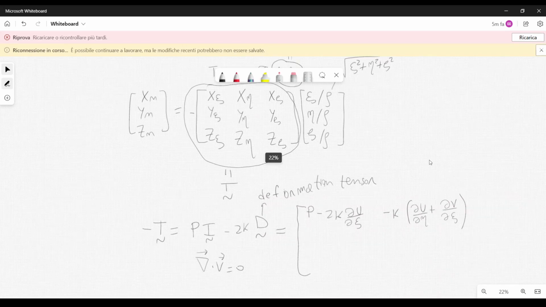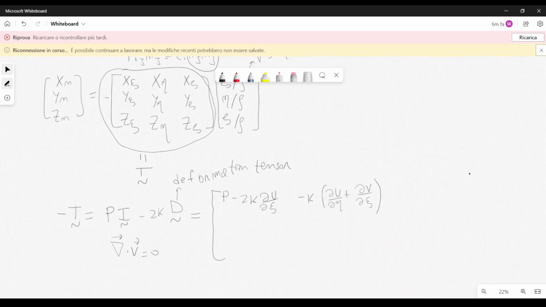Then the entry on the first row and the third column is minus K du d zeta plus dw d xi. Then the entry on the second row and the second column is P minus 2K dv d eta.